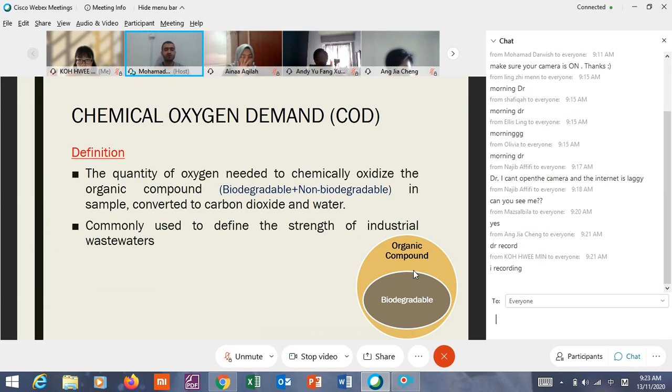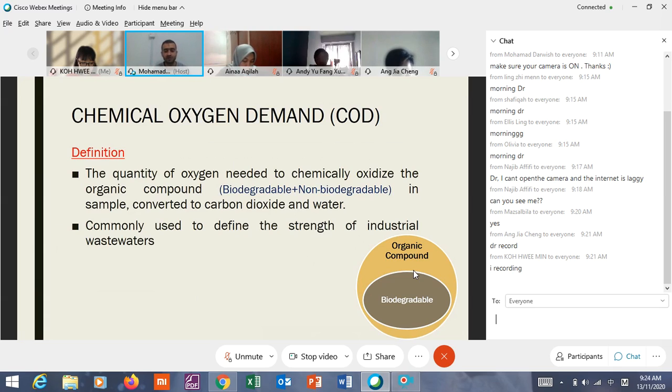When we oxidize chemically, we cannot differentiate between biodegradable and non-biodegradable. That's why COD joins together all the organic compound in the sample, biodegradable plus non-biodegradable. All the organic compound will be converted to carbon dioxide and water.